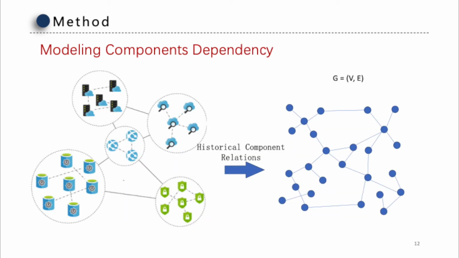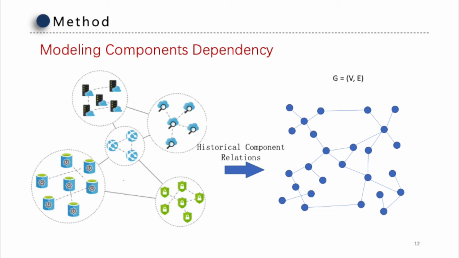Firstly, the cloud system dependency is learned by treating all components as a network. Historical linkages are used to inspect component relations, and all these components are then learned to be represented by a low-dimensional vector. This is composed of two steps. First, we construct a component dependency network according to the historical component relations. The relation is extracted from the on-call engineers' records, where they already have some linkages.